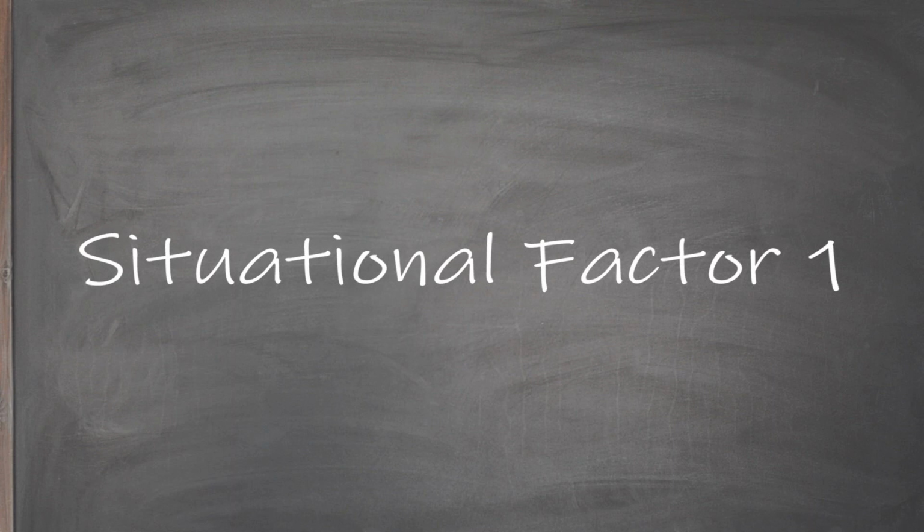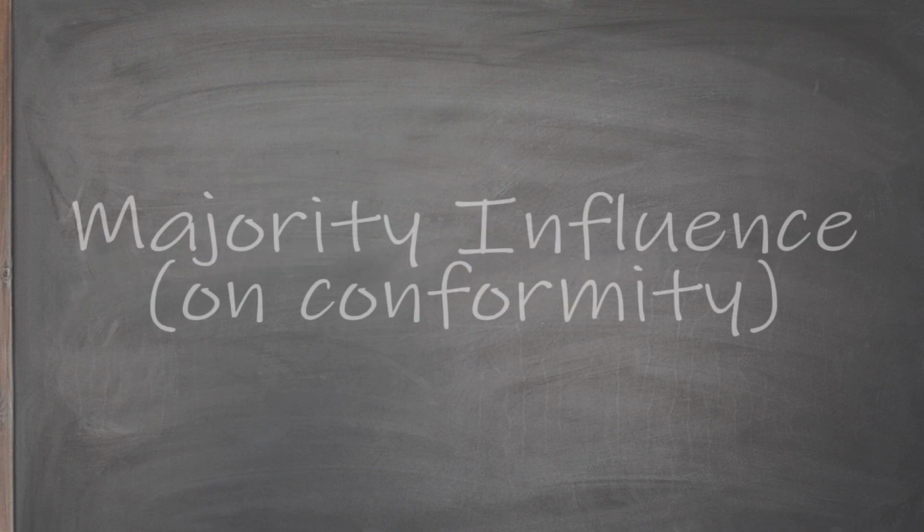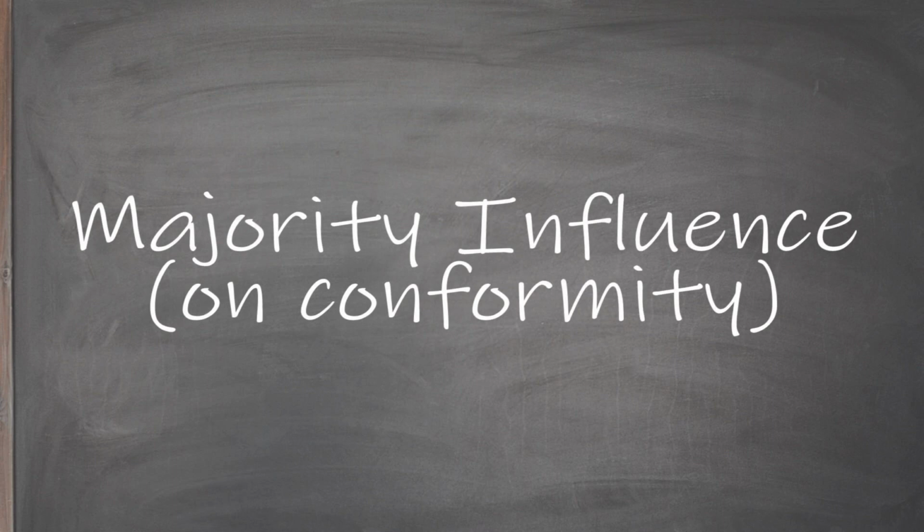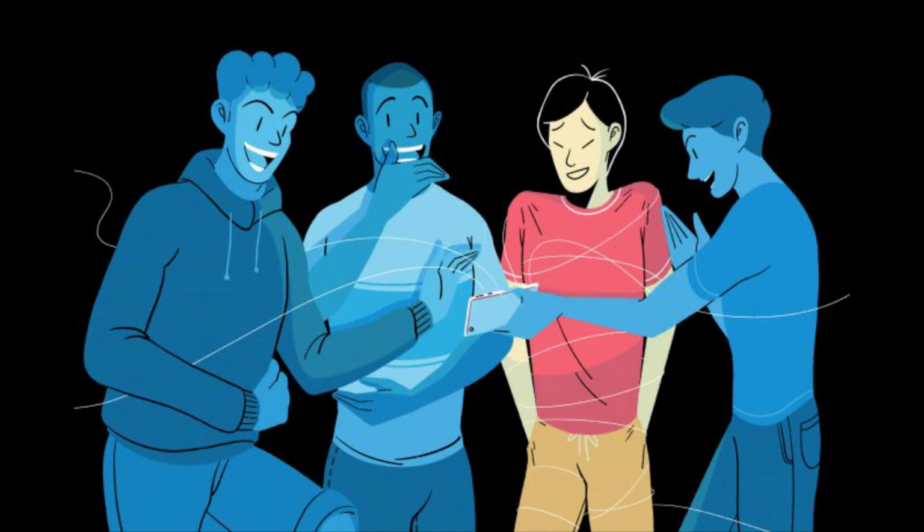The first of the situational factors that we are going to look at is called majority influence. Majority influence has an effect on conformity. It is the idea that when you are outnumbered, when you're in a group where the majority of the people in that group are behaving a certain way, that puts a bit of social pressure on you.